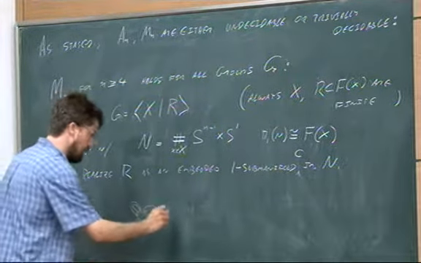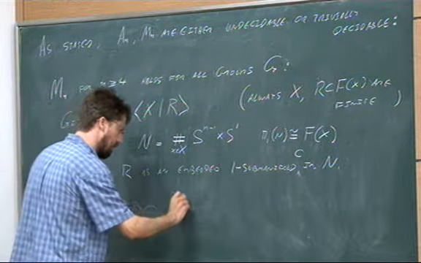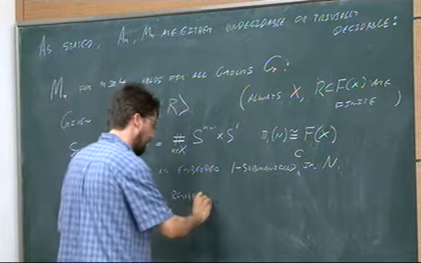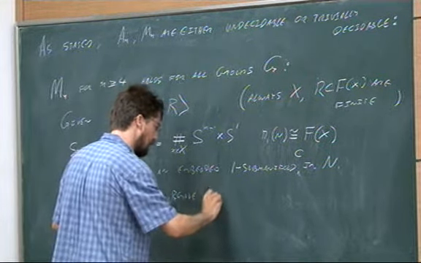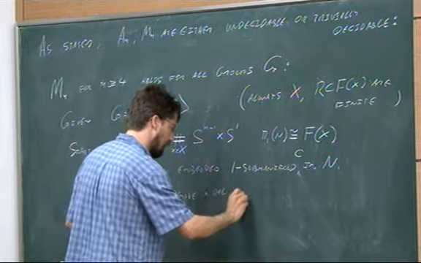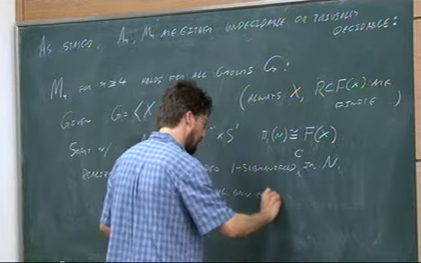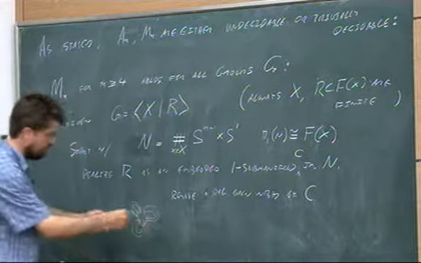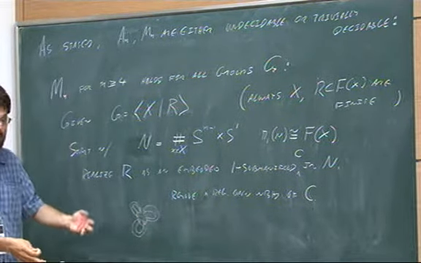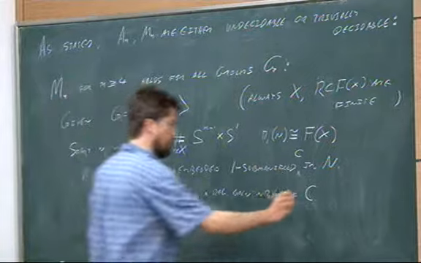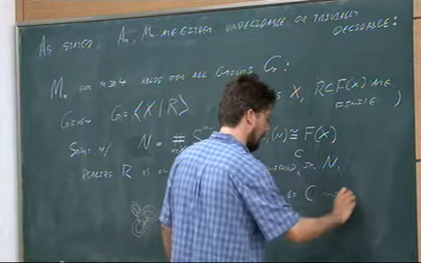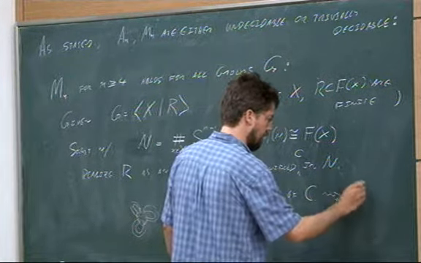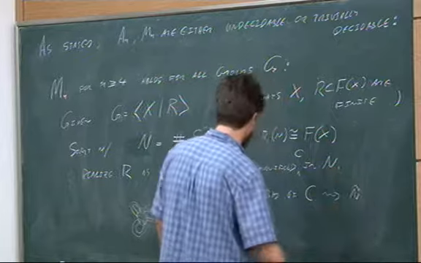Now I can remove an open regular neighborhood of C, and I'm going to get some manifold with boundary. Call this N hat.